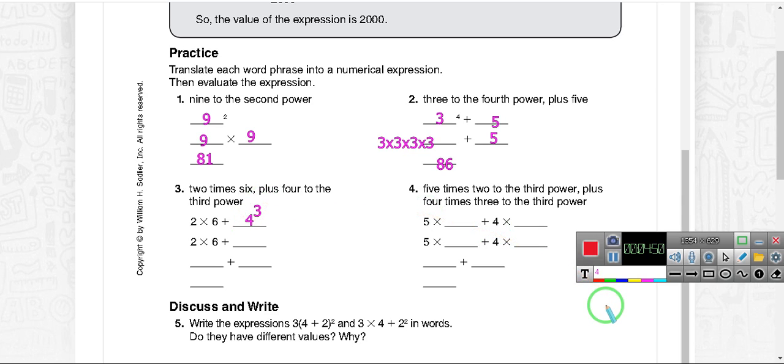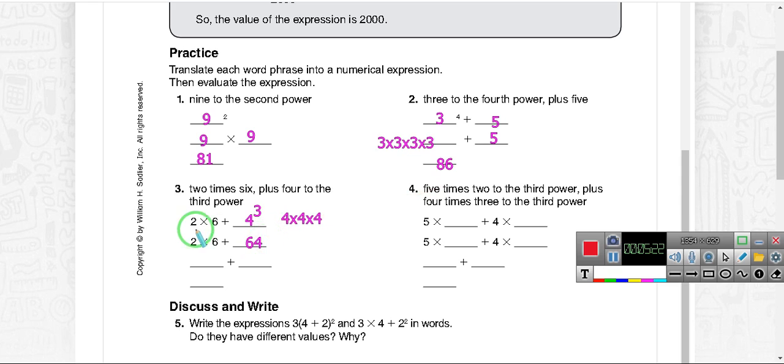That's 4 times 4 times 4. 4 times 4, that's 16. 16 times 4, now you have to find it, okay? I think the answer will be 64. Let's make sure. Okay, so the answer is 64.